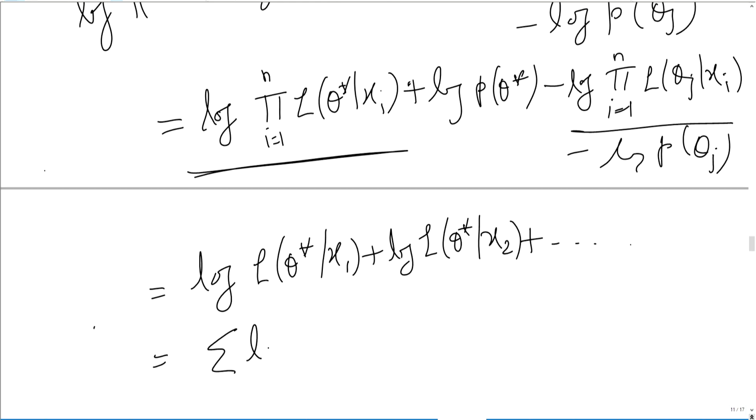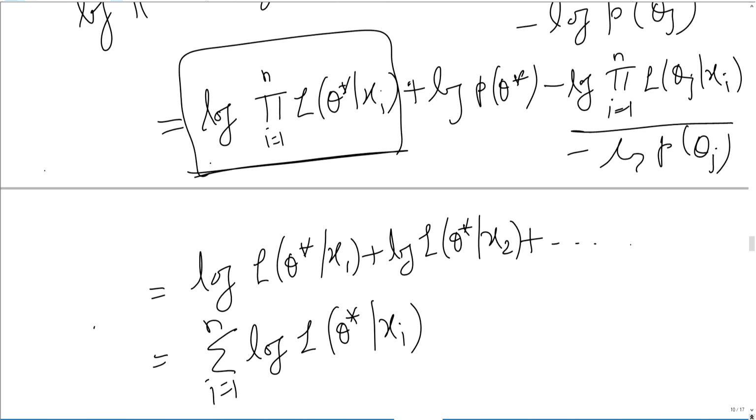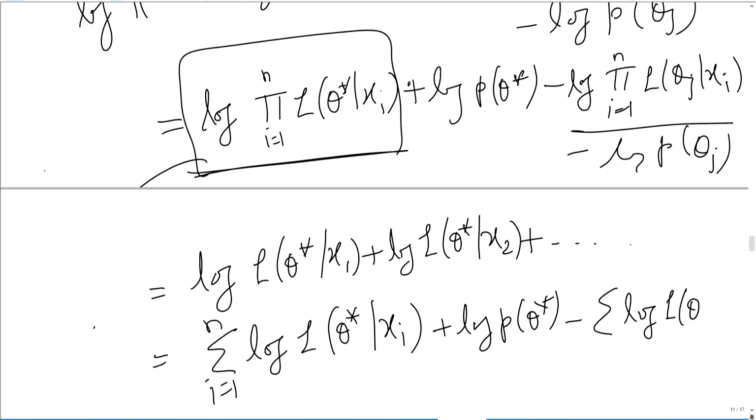The first thing would be the summation of log of the likelihood of individual data points from i equals 1 to n. So log of the product of likelihoods is equal to the summation of log likelihoods of individual data points. Then you have log of the prior density of theta star, then minus the summation of log likelihoods for theta j, minus log of the prior density of theta j.